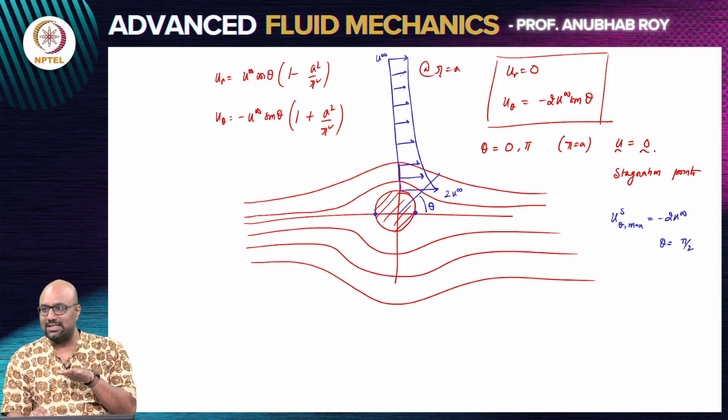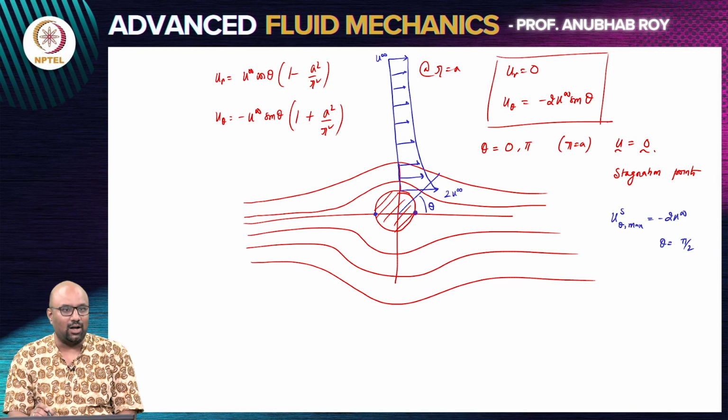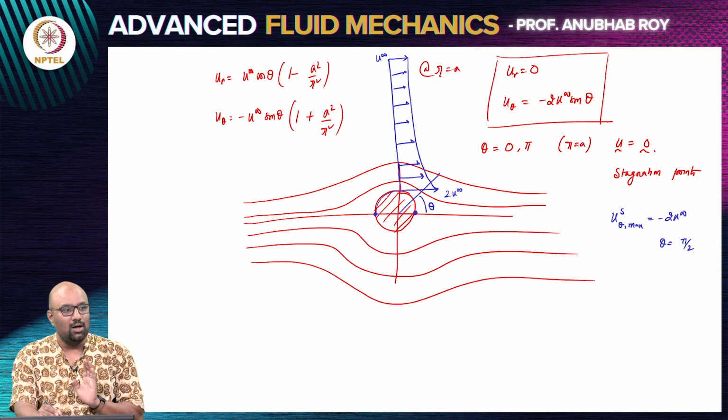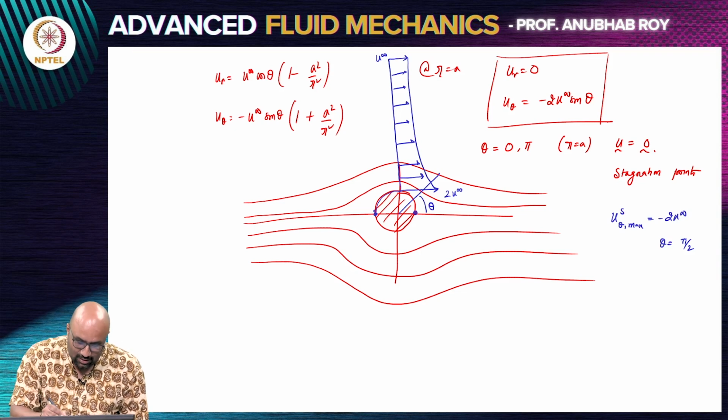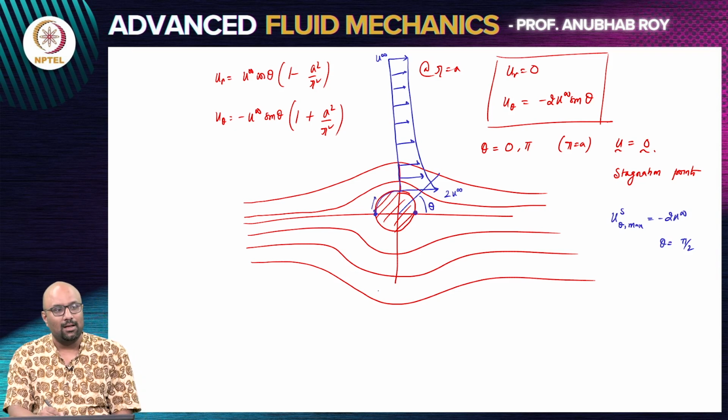So, there is a very fast tangential flow, or flow in the x direction, on the surface of the circular cylinder at theta equals pi by 2. So, U theta obviously accelerates. It is 0 here, it is going to accelerate and achieve a maximum value. So, imagine you are crawling on the surface of the circular cylinder. A fluid particle sitting on the cylinder, as it tries to move, is experiencing an accelerating flow.